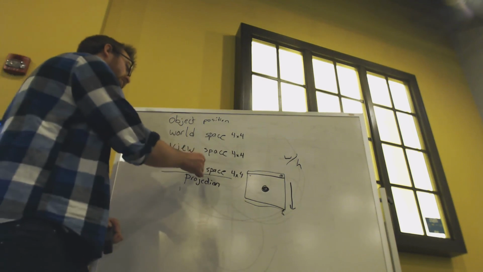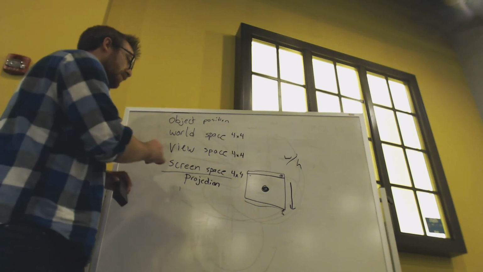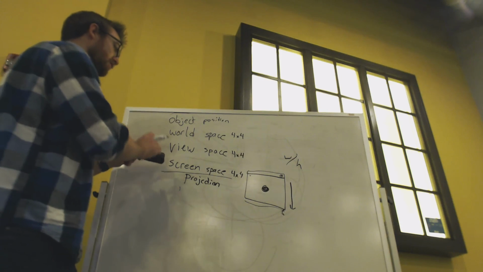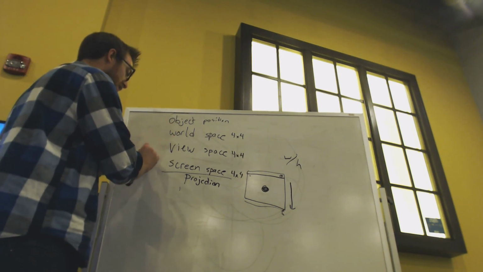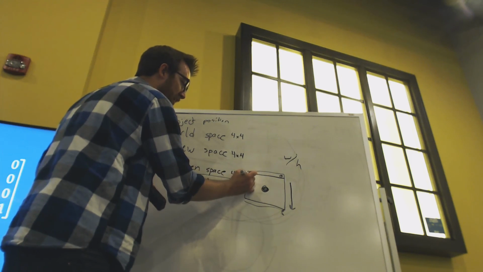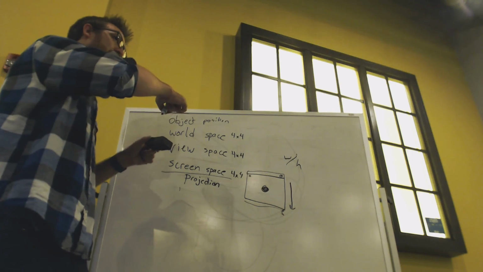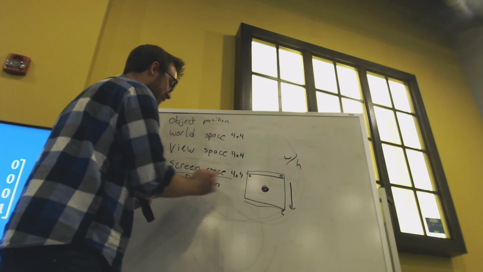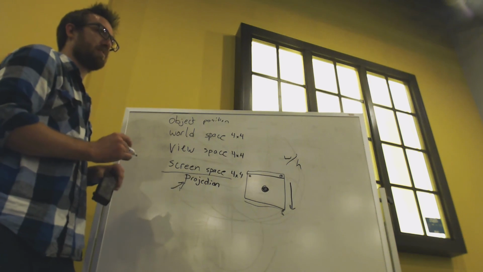These get important with the inverse matrices we were talking about, because if you get all the way down through your shaders to the fragment shader, which we'll talk about, you've got a specific pixel that you're looking at, but you need to figure out where it's actually at in relation to the world space. Then you would take your position that you know about there and multiply it by the inverse of the projection matrix.